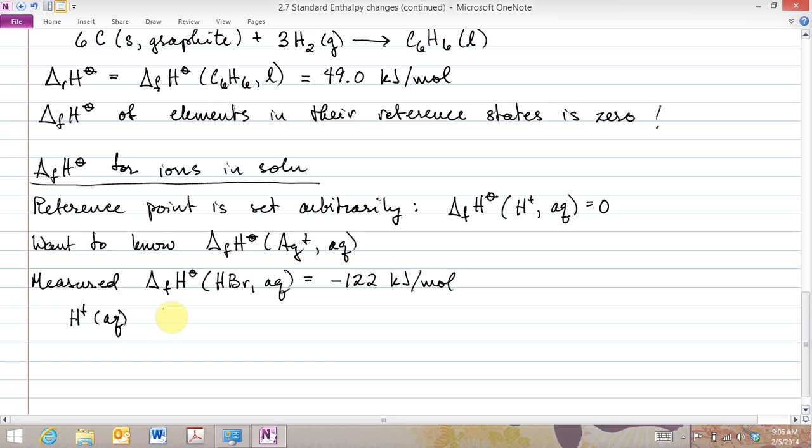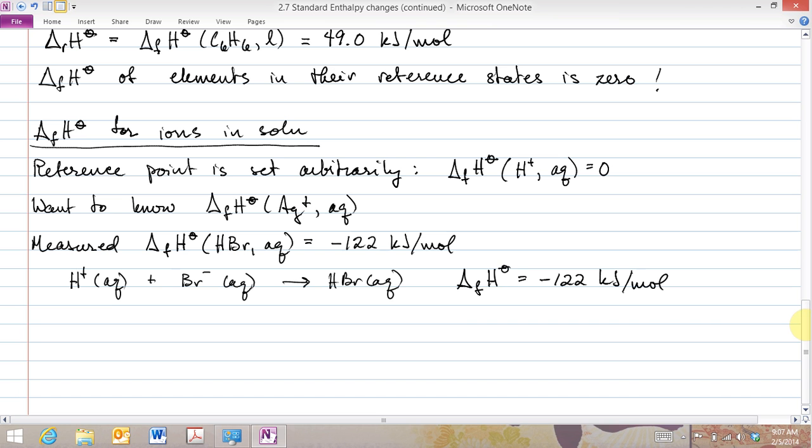First, if we write the thermochemical equation for the formation of hydrobromic acid, what we have... let me just finish writing this. We can deduce certain things from this.